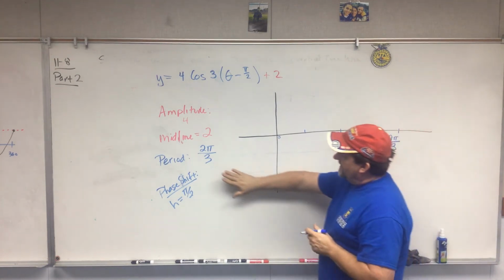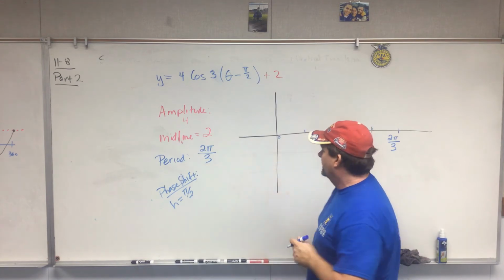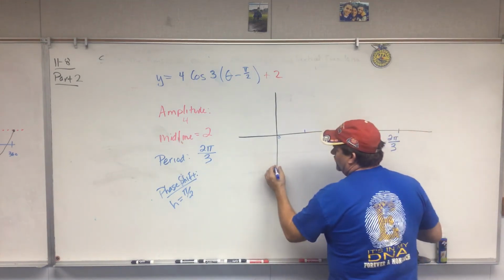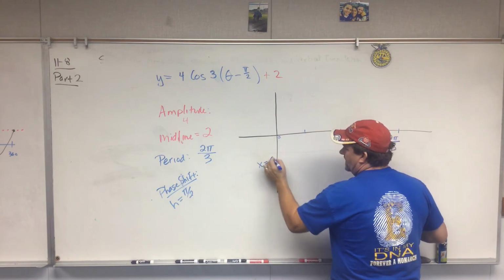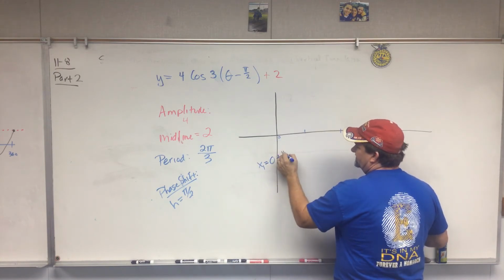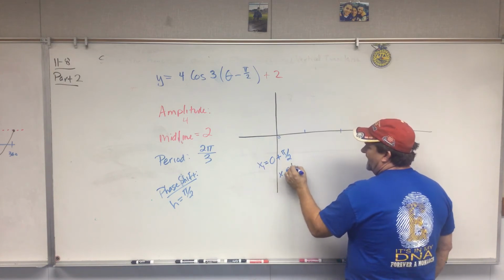But we're talking about a phase shift. So for the phase shift, we got to mess with it first. So my x1 becomes 0 plus the phase shift, which is pi over 2. So my x1 is now at pi over 2.